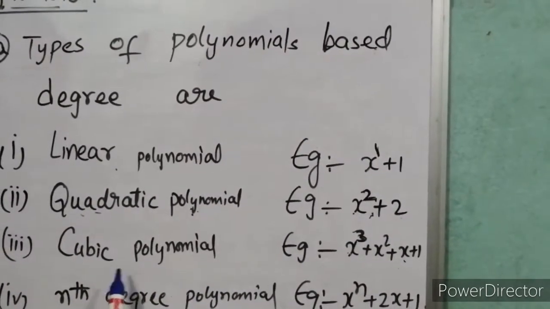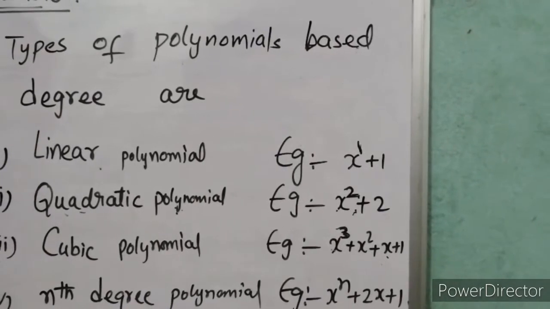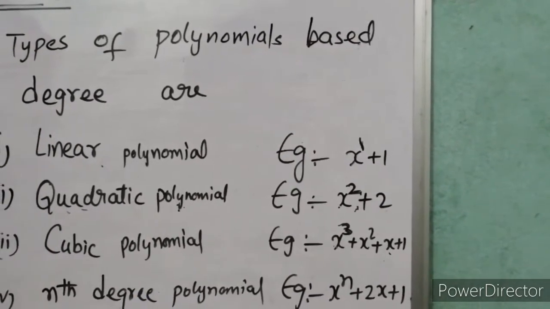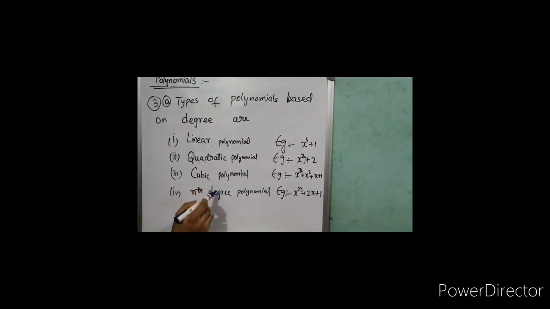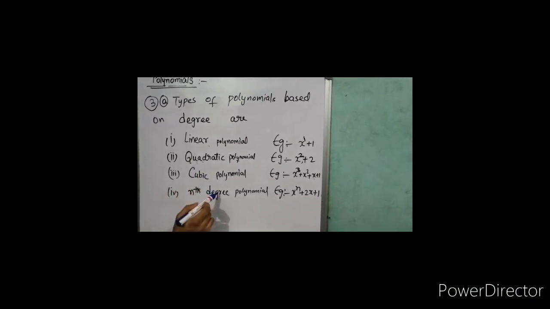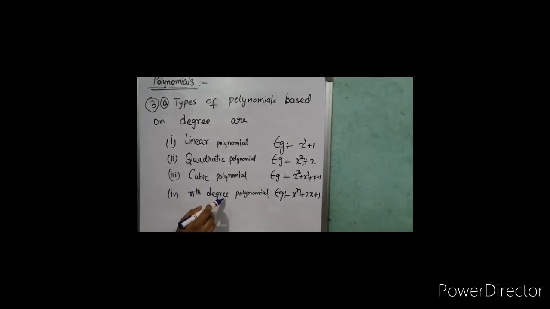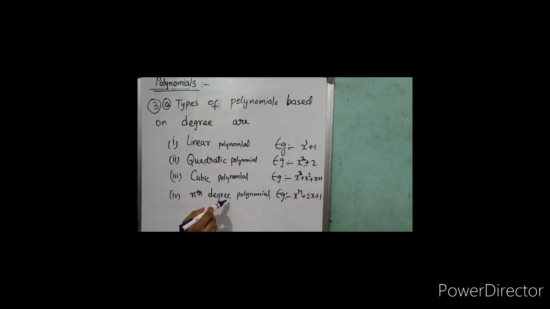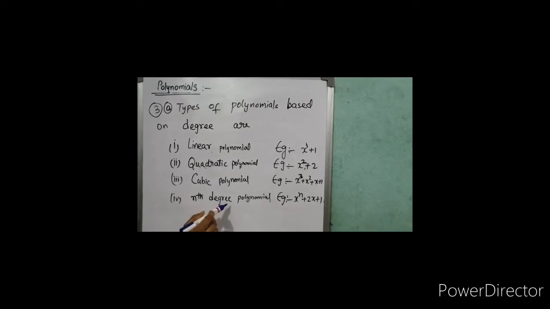In this way, if we go with a fourth degree polynomial, we will call it fourth degree. If we continue in this way, if the polynomial consists of degree 4, then we will call it a fourth degree polynomial. If the polynomial consists of power 5 or degree 5, then I will call it a fifth degree polynomial.